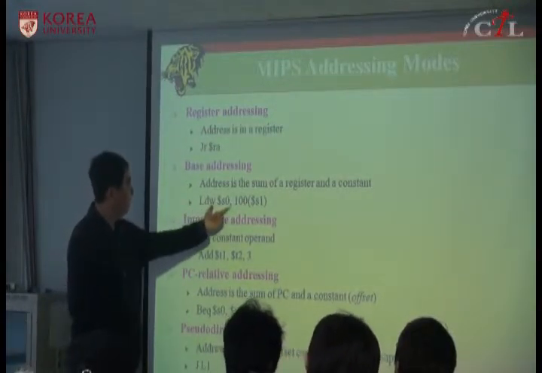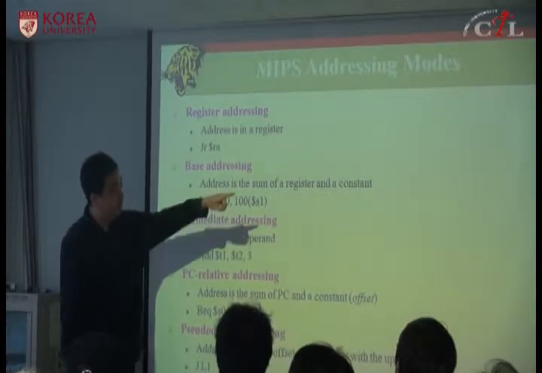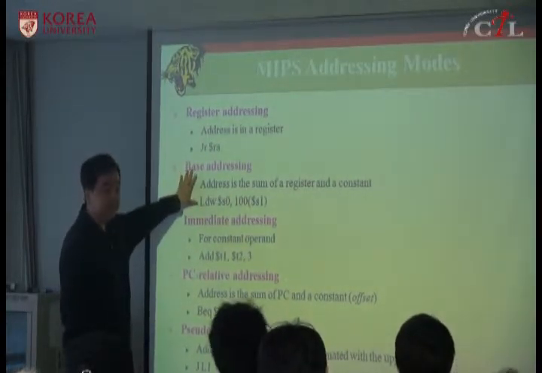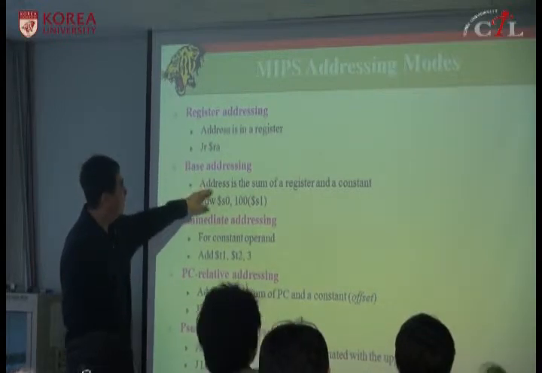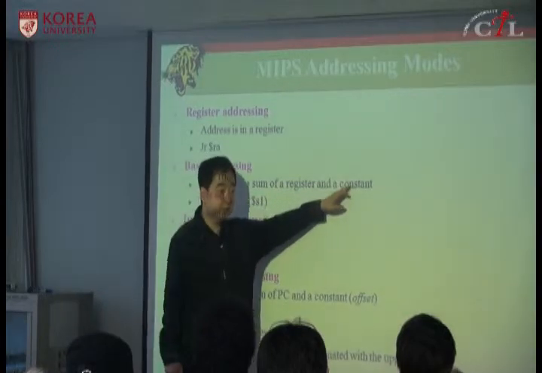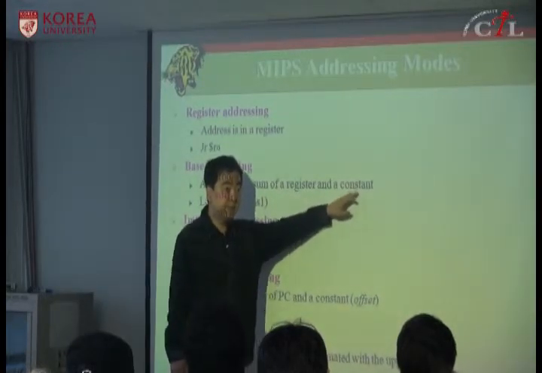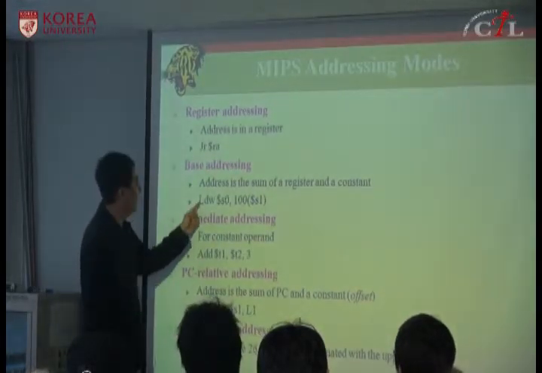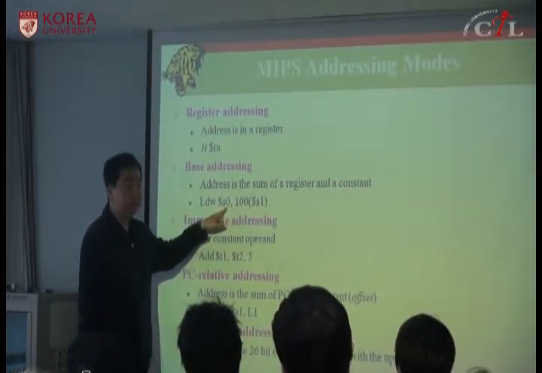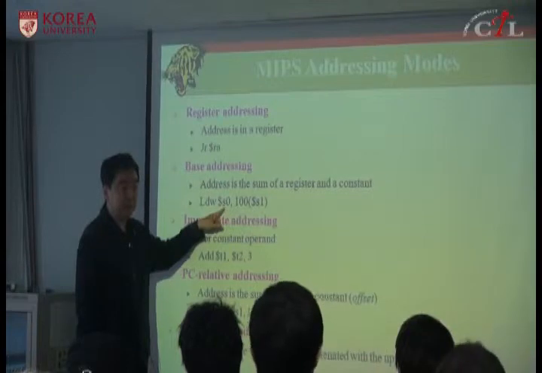The example used for a load or store instruction is called base addressing. The memory address is the sum of the register content and a constant called displacement. Okay? So here it's trying to load one word from this location into a register called S0.